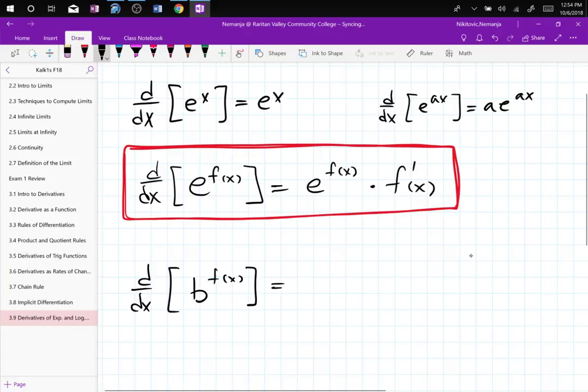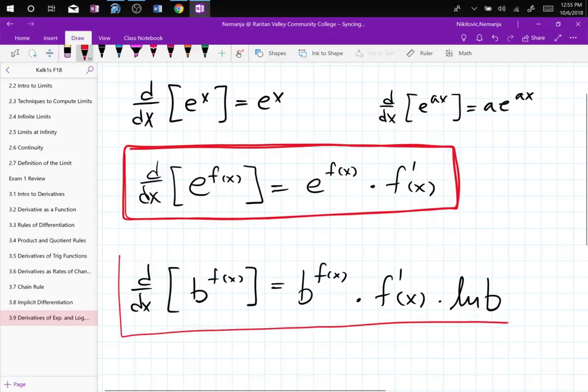And the derivative of this will follow the same pattern. It's going to be b to the f of x times f prime of x, and here's the new piece, times ln b. So this is the most general case that you can get.